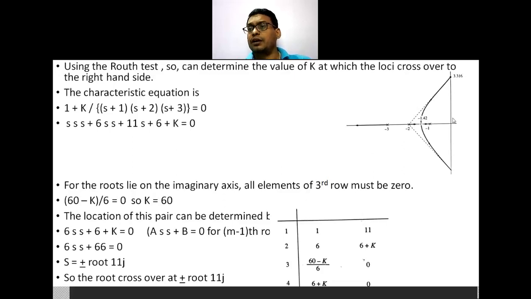So from here one can conclude that the value of under root of 11 is making it an unstable system. For values of k up to 60, this system becomes stable, and above the value of k equal to 60 it becomes unstable.